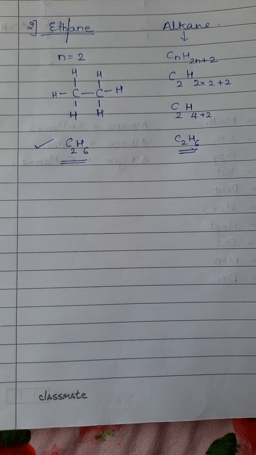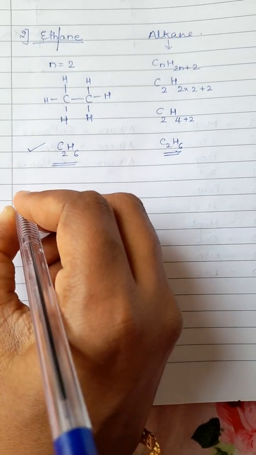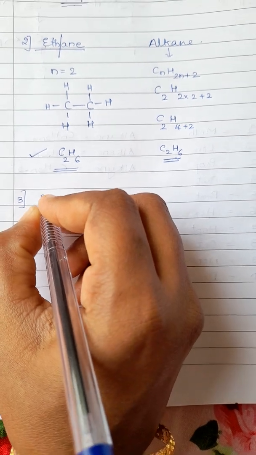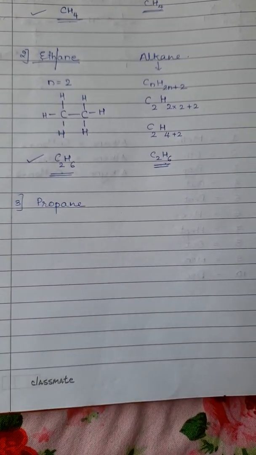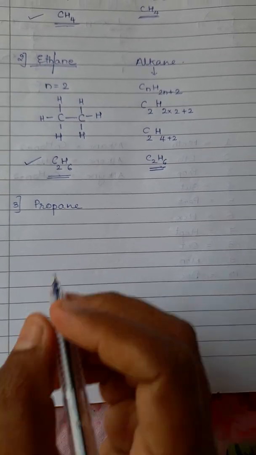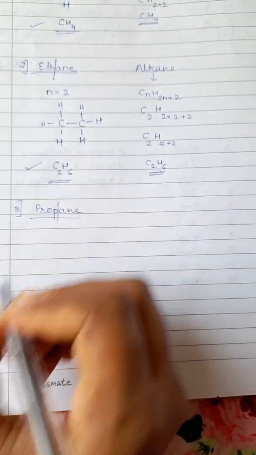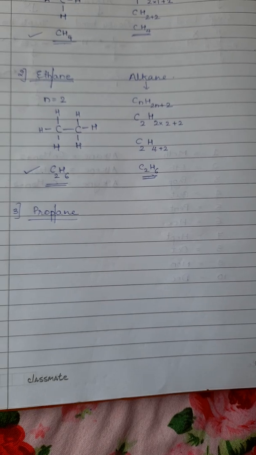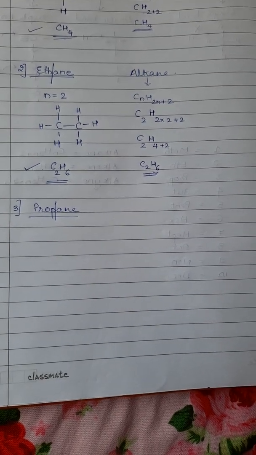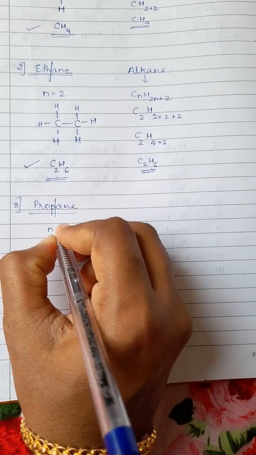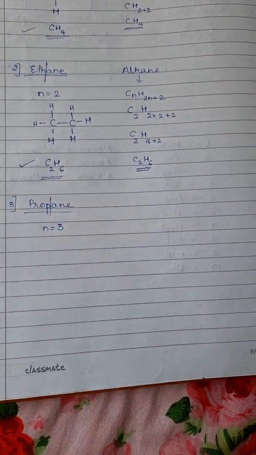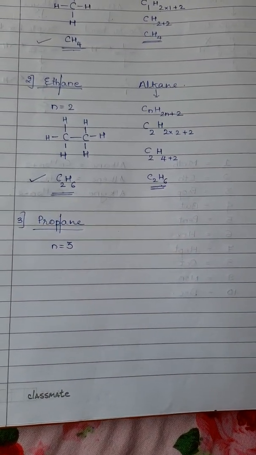Now let's take another example. Propane. First step, divide the word. Second step, we need to check which number prop is equivalent to. We know prop is equal to 3. So N will be equal to 3.